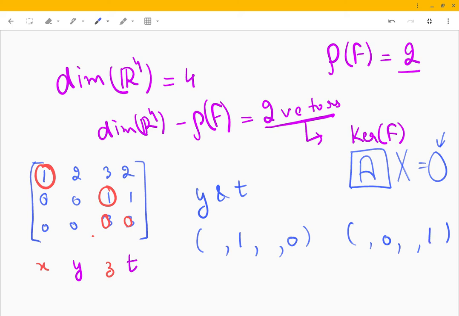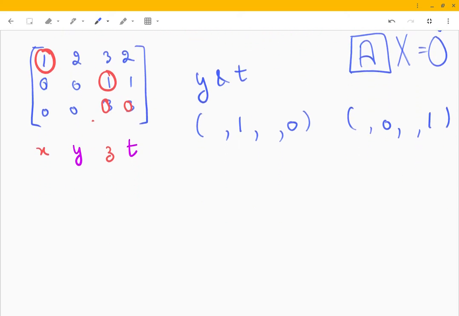Okay, let me be more precise. See, what equation do I get from here? x plus 2y plus 3z plus 2t equals 0. Remember, we are trying to find the vectors that map to 0. And our second equation is z plus t equals 0.